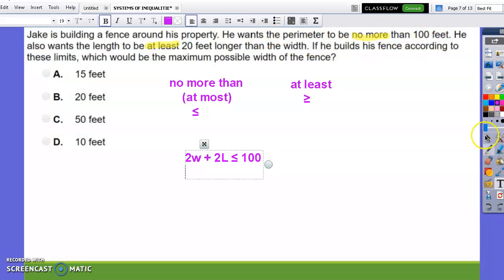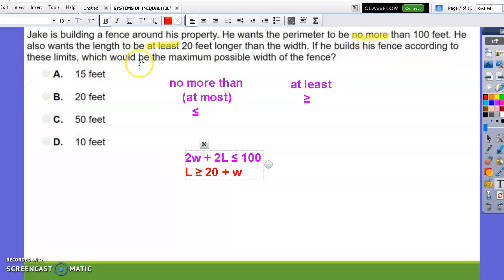The second thing that he gives us is that he wants the length to be at least. So our length is at least, I'm just typing what I'm seeing here, 20 feet longer than the width. So 20 feet longer than, which is plus, the width, which is W.